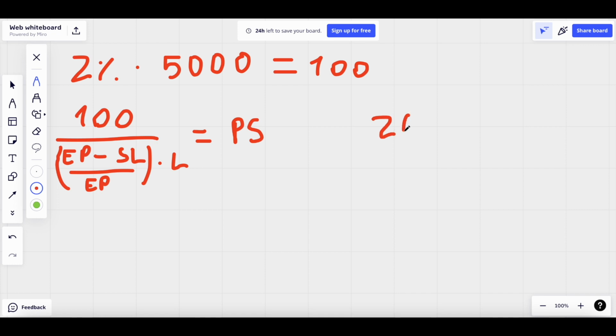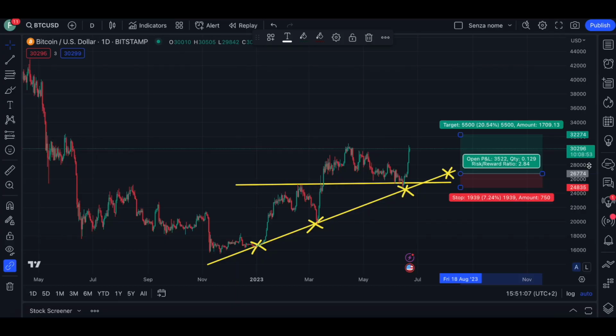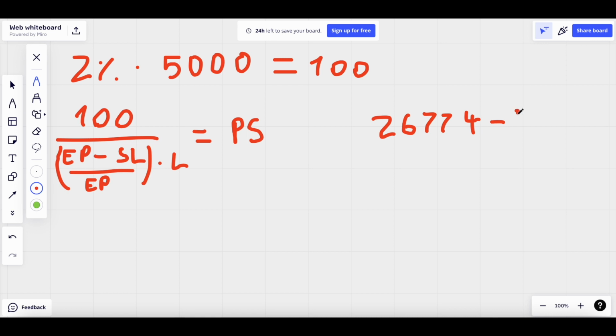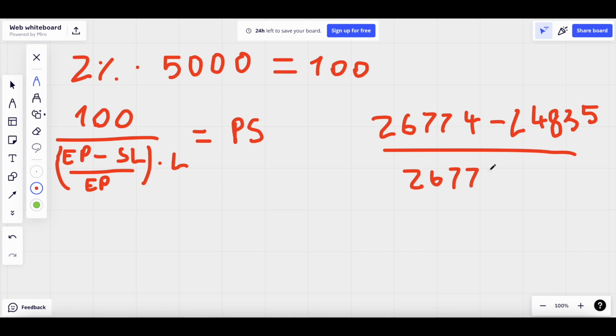So 26,774, minus our stop loss price, which is 24,835 US dollars, 24,835, divided by the entry price again, so 26,774 US dollars.